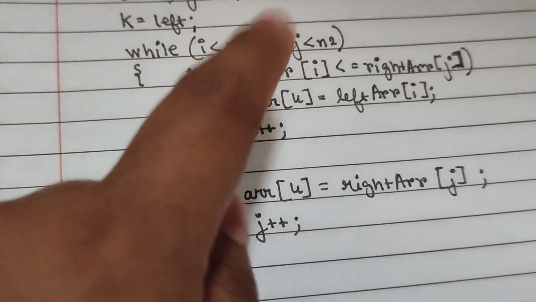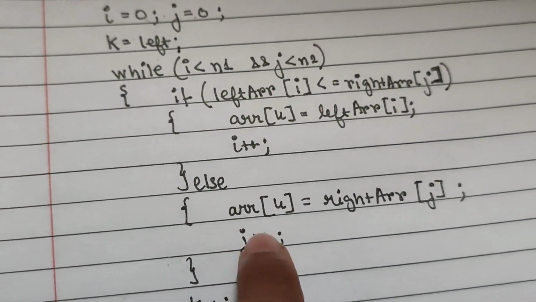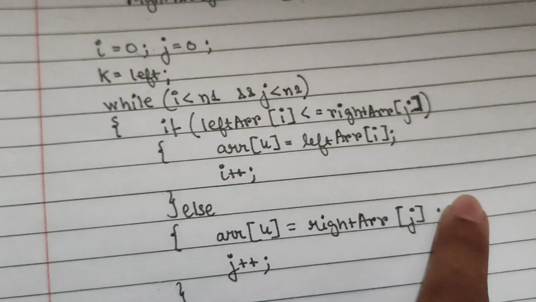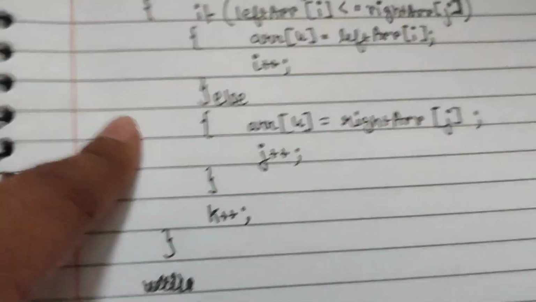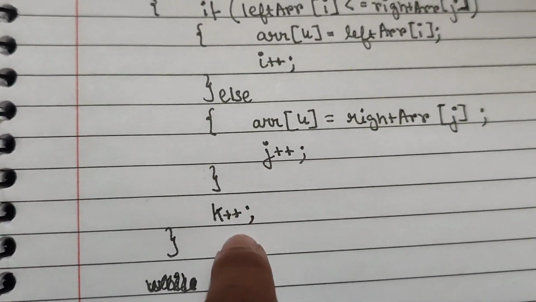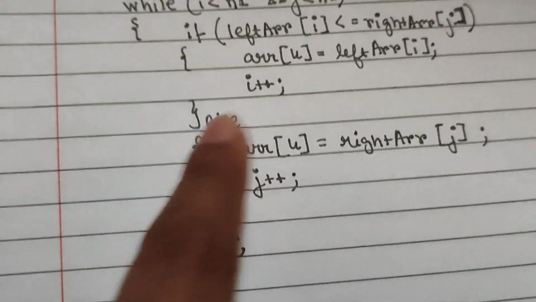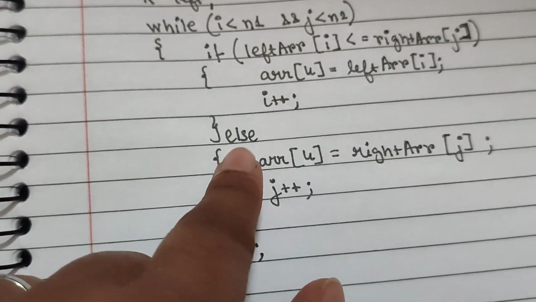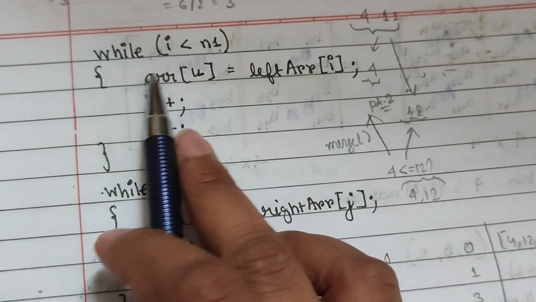If it is not less than or equal to, then we will increment the index of the right array and put the element of the right array into the main array. Once we are done doing this, we will do k plus plus. Now k is the counter index of the last merged array, the array that we are merging at the end. And then we will come here and copy the leftover elements.